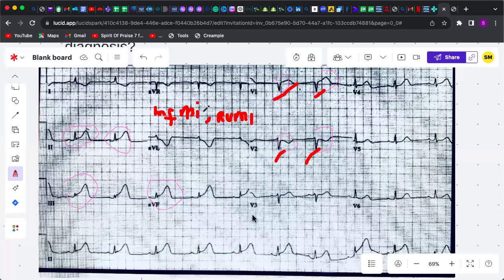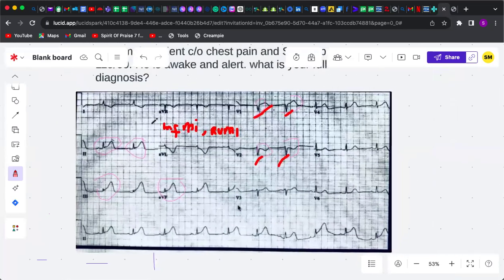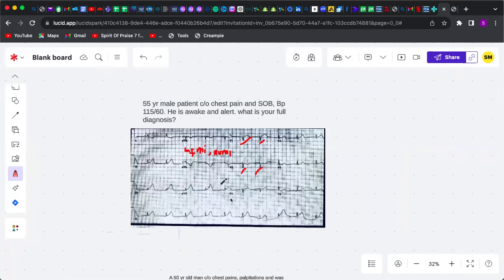That's what the question asked of you, the full diagnosis. So this is a sinus rhythm having an inferior MI and a right ventricular myocardial infarction. That was just that. Okay. So you have the full diagnosis. So that will be for this question.